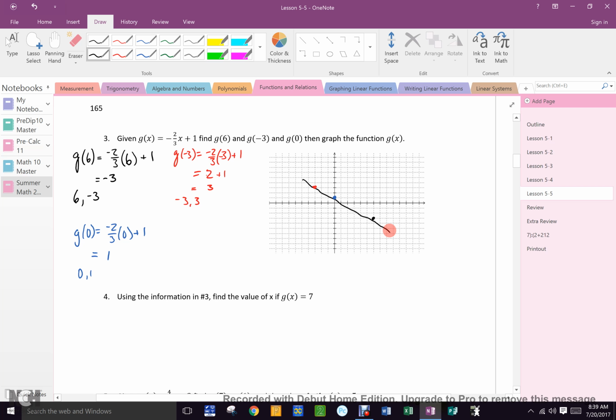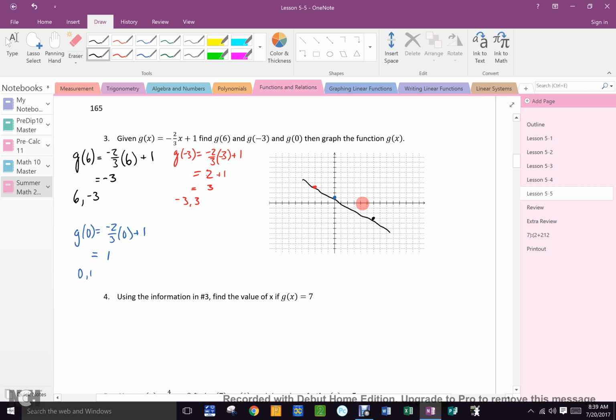Now, what do I know about every x value on that line? Since this makes a straight line, and I connected it because I know that I can take any number, multiply it by negative 2/3 and add 1, what does that mean for every x on that line?